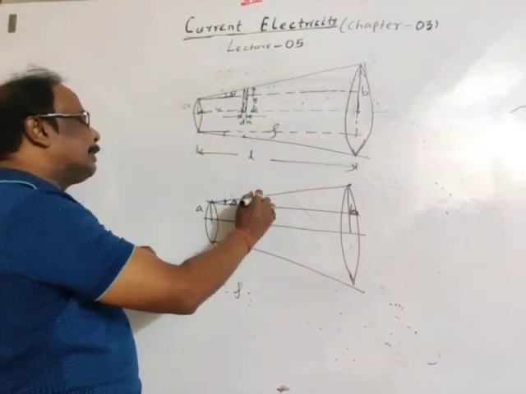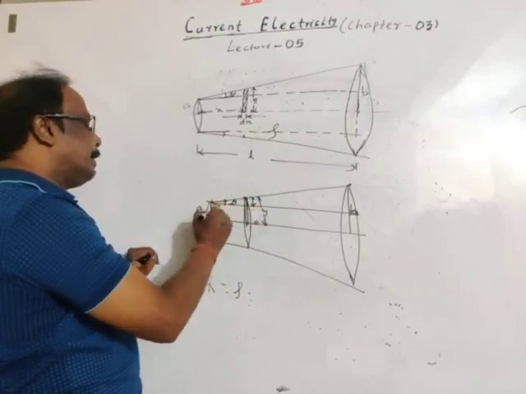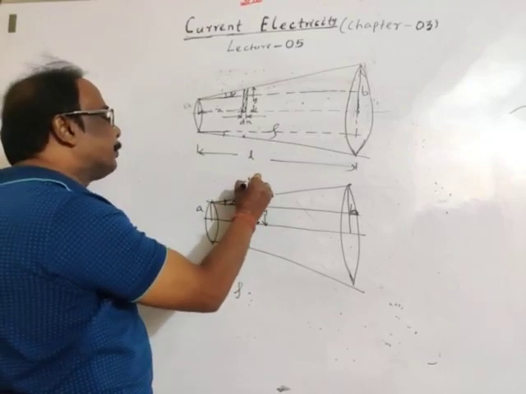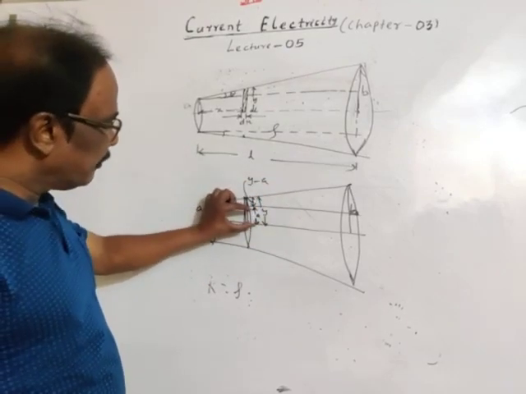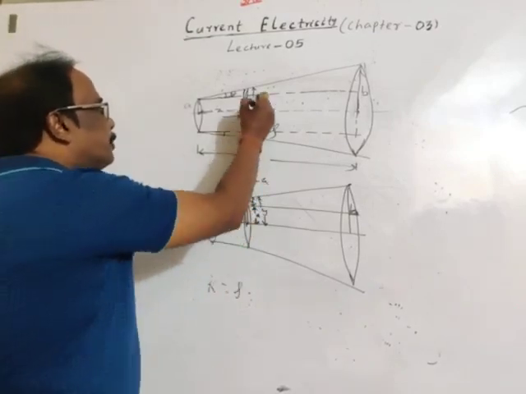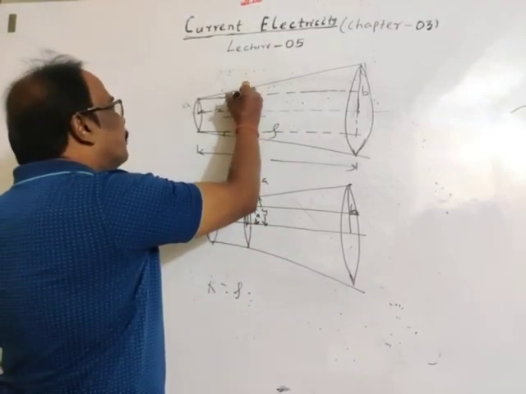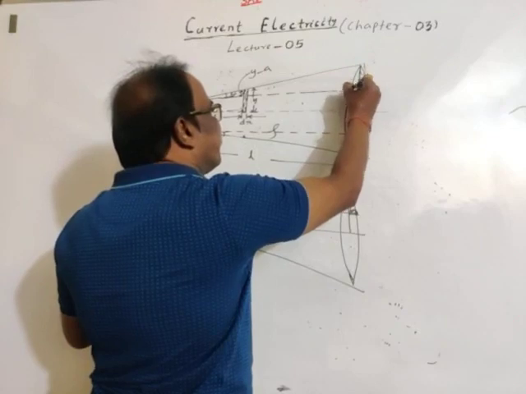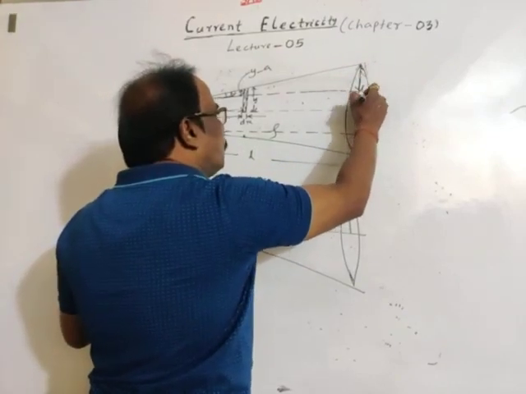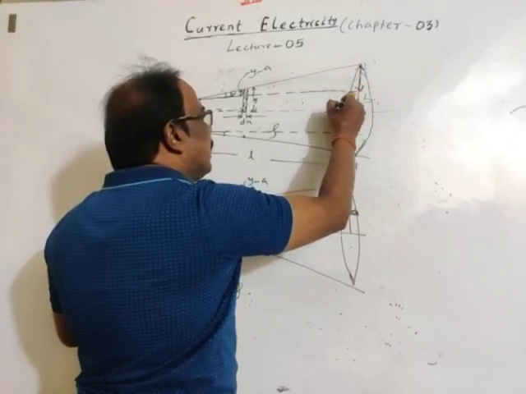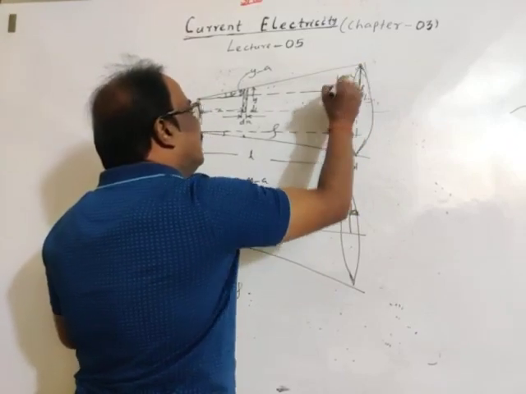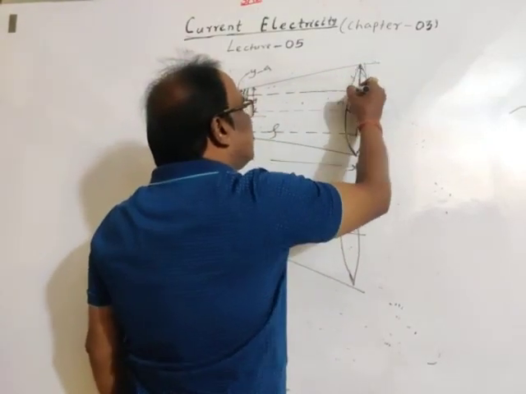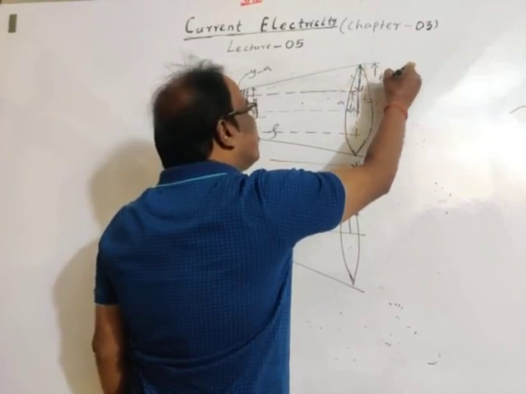See, this is a, so this part is y minus a. Similarly, for this length, the total radius is b and this is a, so this part is b minus a.